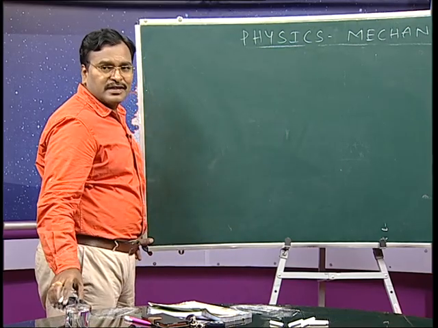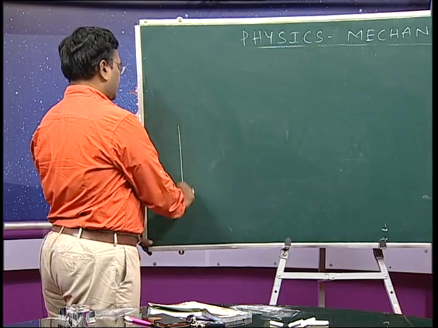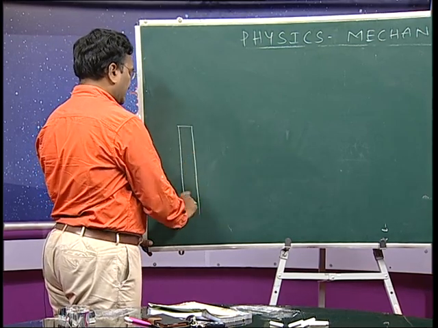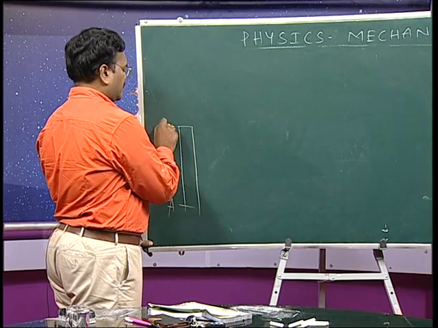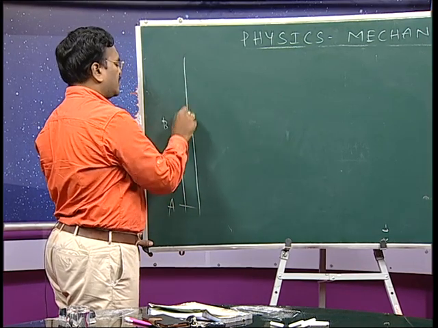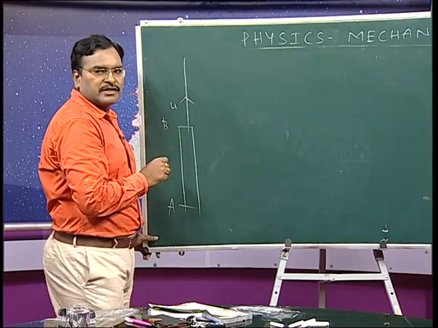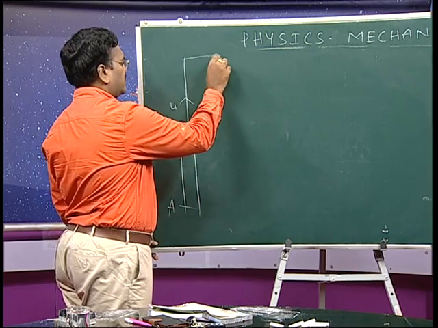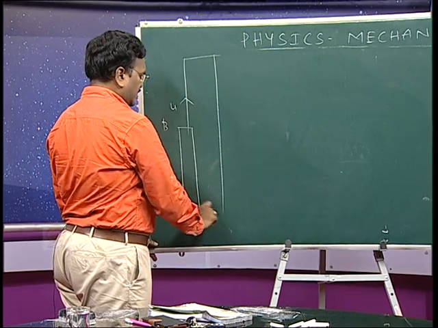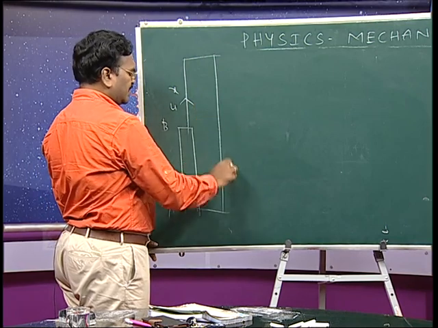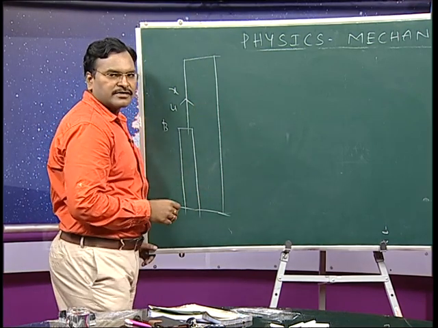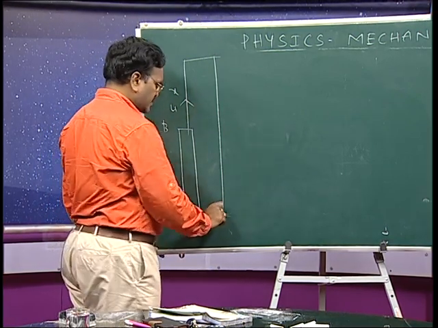For this, we consider a tower AB of height h. Let a body be projected vertically upwards with initial velocity u from the top of the tower. It reaches a height x above the tower and returns to the ground in time t seconds.